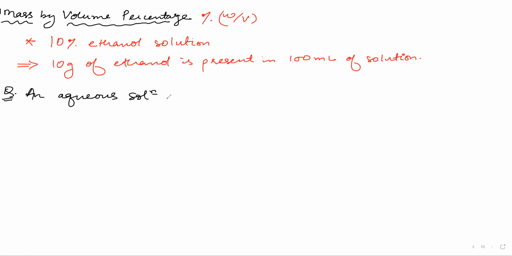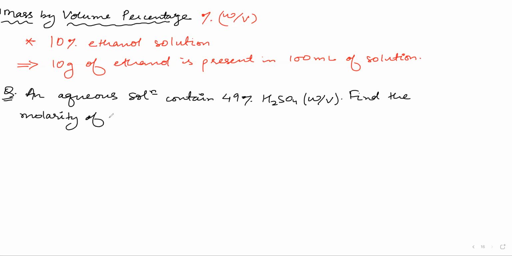An aqueous solution contains 49% H2SO4 W by V. Find the molarity of the solution.